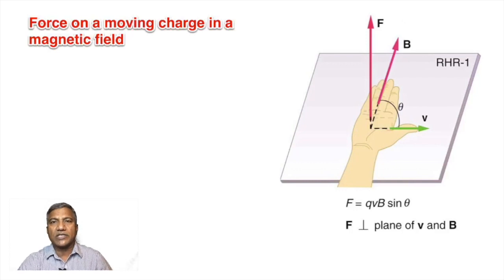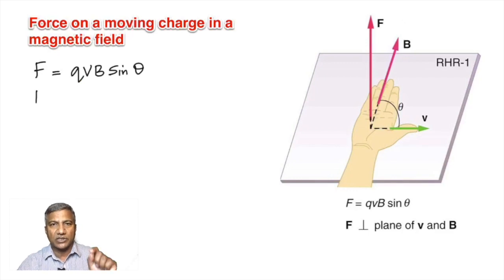So the force on a charged particle is given by QVB sine theta, where Q is the charge of the particle, V is the velocity of the particle, B is the strength of the magnetic field through which the charged particle is moving, and theta is the angle between the velocity of the particle and the magnetic field.